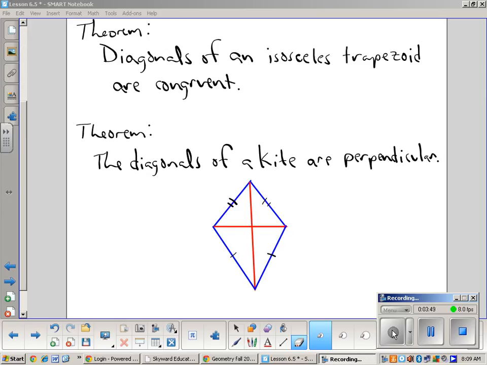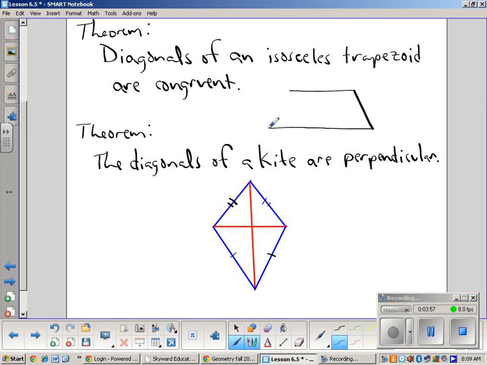The diagonals of an isosceles trapezoid are congruent. Okay, so if I just quickly drew an isosceles trapezoid here, and we may have to use our imagination. What this is saying is, remember, the diagonals connect non-adjacent vertices. Those diagonals are going to be the same length.